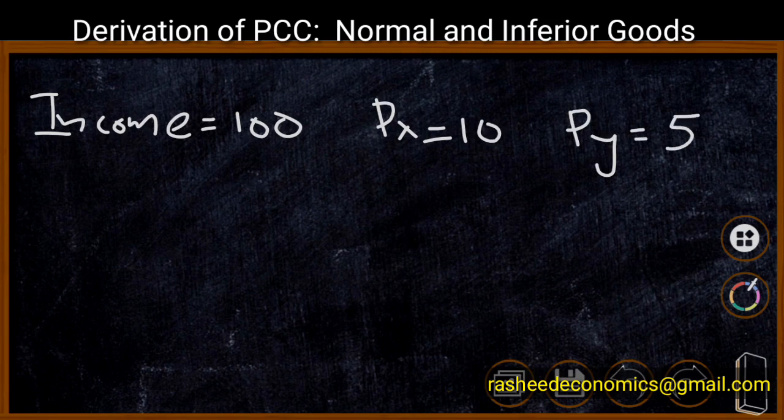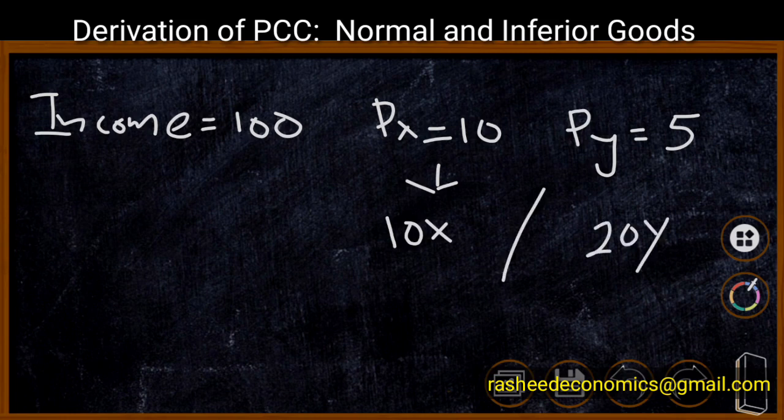Then the consumer will be able to consume 10X or 20Y. That is, the consumer can purchase maximum 10X by keeping Y at 0, or 20Y by keeping X at 0. Therefore, the consumer can have any combination in between these two extremes.